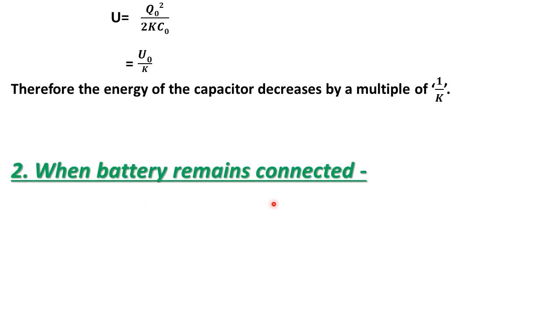Now the second case, when the battery remains connected. In the absence of dielectric, its potential energy is U naught is equal to Q naught square by twice C naught.